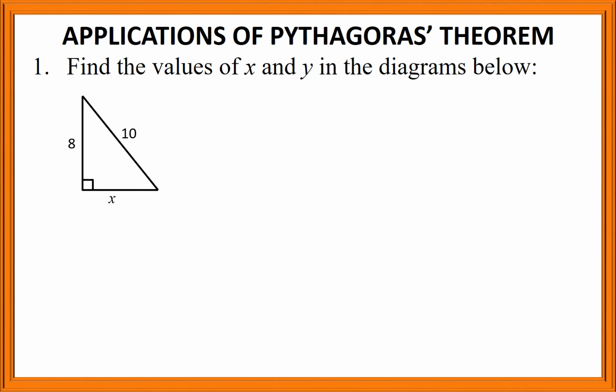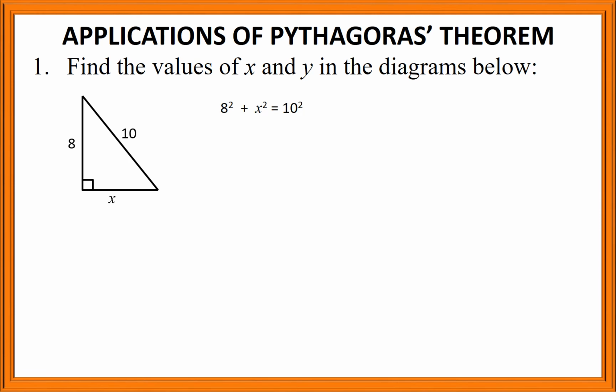Then, with the help of Pythagoras Theorem, the vertical squared plus the horizontal squared should be equal to the square of the hypotenuse. This gives us a relation here.